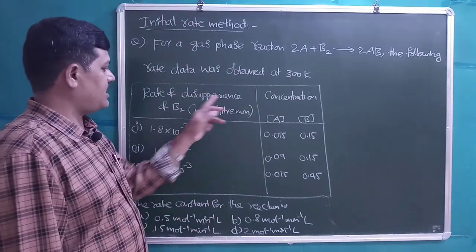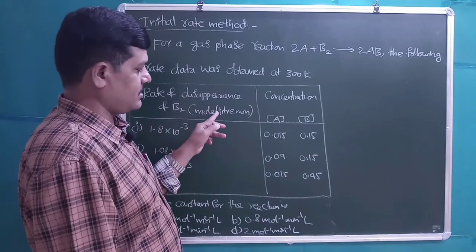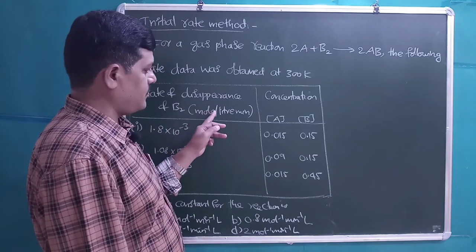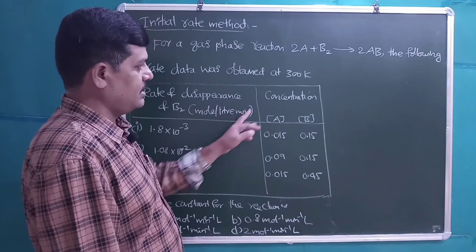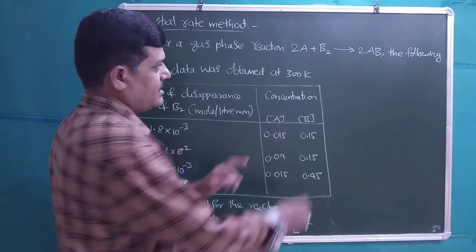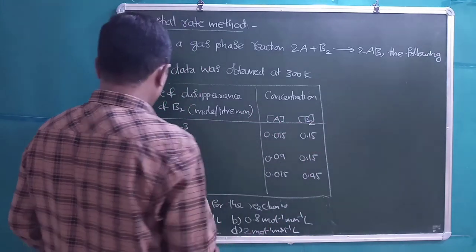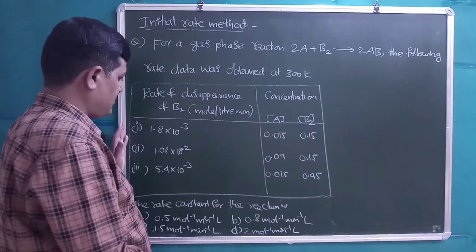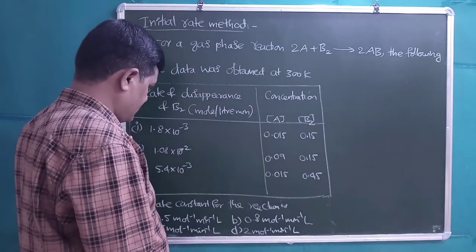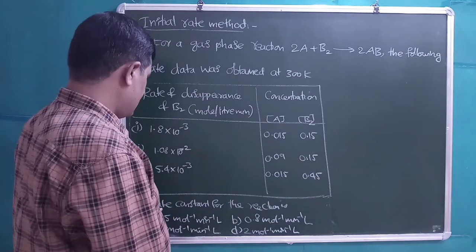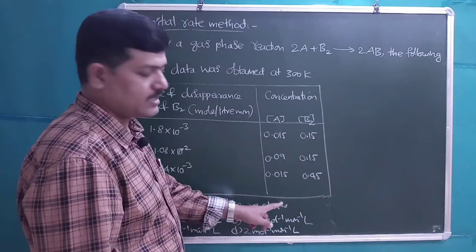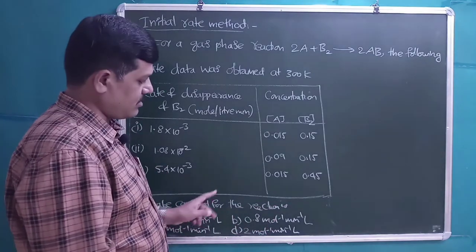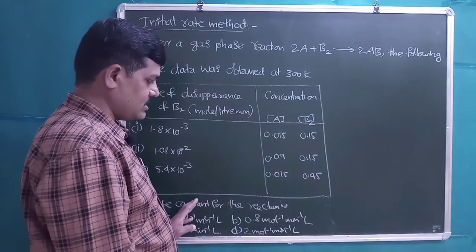The rate of disappearance of B2 is given in moles per liter per minute, along with the concentrations of A and B2 in 3 different experiments. They are asking to calculate the rate constant for the reaction. We will find the order also, and the rate constant.